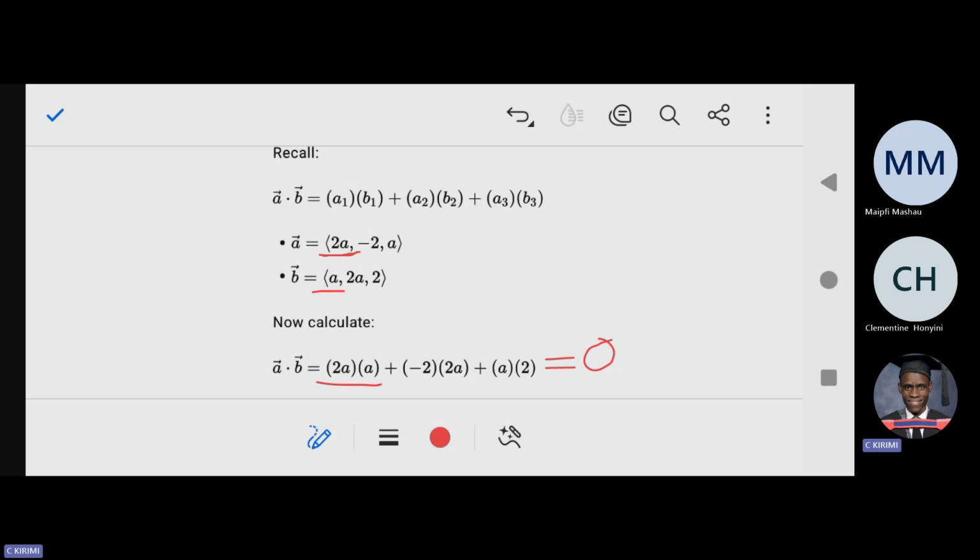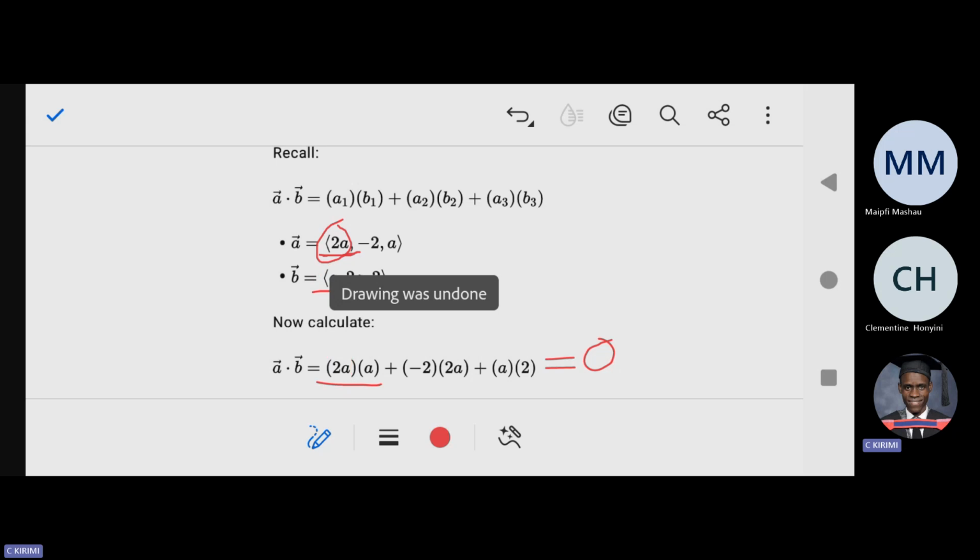You are multiplying, isn't it? So 2A, which is here for A, you multiply by that A for B. Can you see? This 2A, which I circled now, which is this one. Then you multiply by the second component, which is this one for B, which is A.